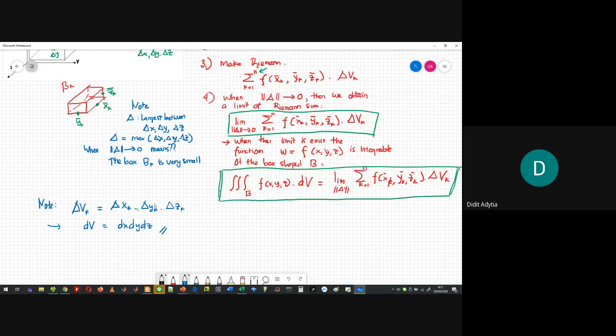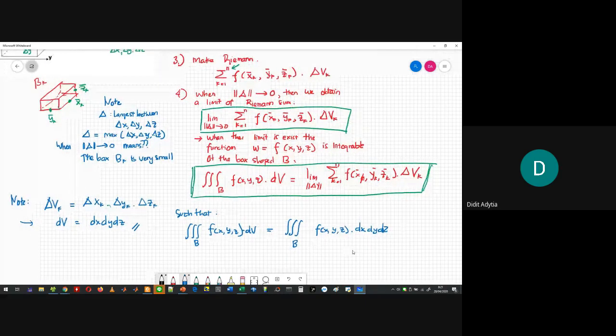That defines the triple integral such that the triple integral over B of f(x, y, z) dV is calculated as the integral over B of f(x, y, z) dx dy dz.